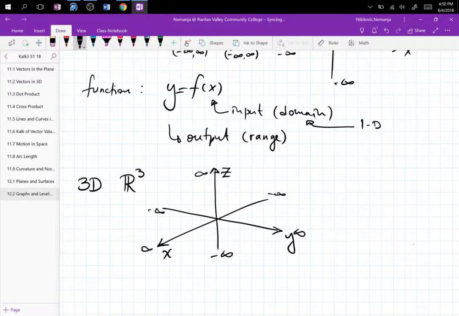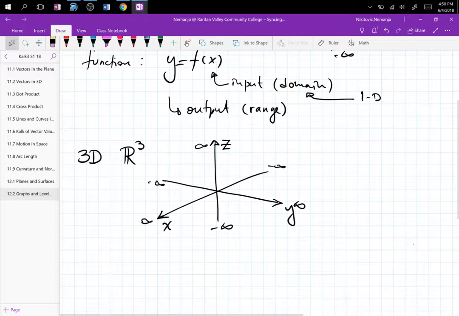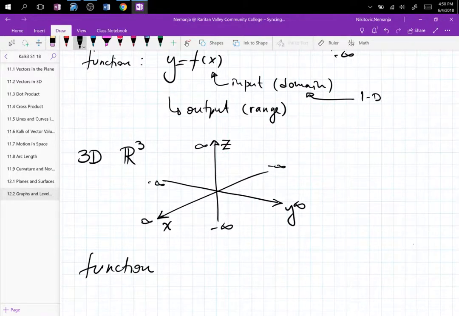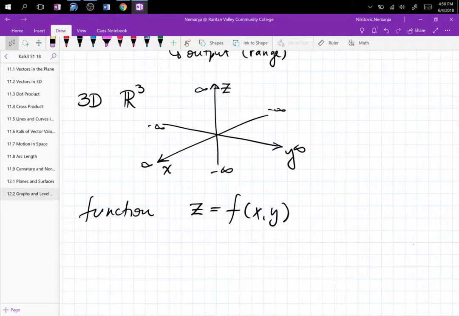And the most important part to understand now is that your domain for functions is going to be two-dimensional. So what we are going to have now is that the function is going to be z equals a function of x and y. So z will be computed. z is the dependent variable, and x and y are independent.